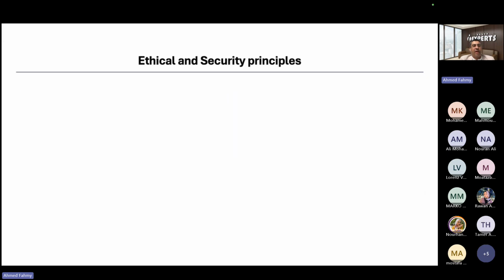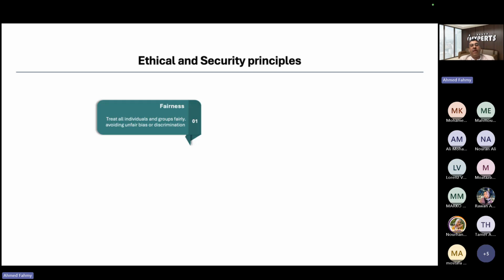Okay. Very quickly, and I think these are the last two slides, I will go through them before allowing you to ask questions. So, very quickly, the most common responsible AI principles. The first principle is fairness.